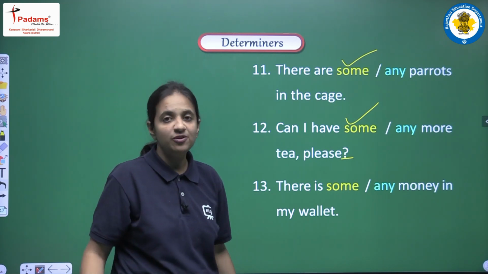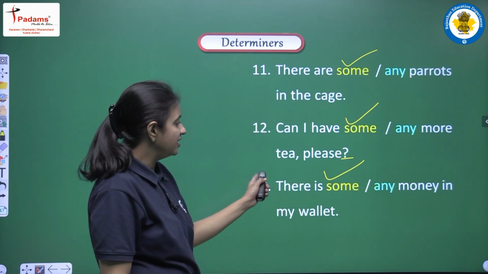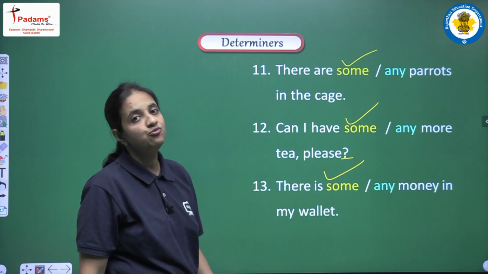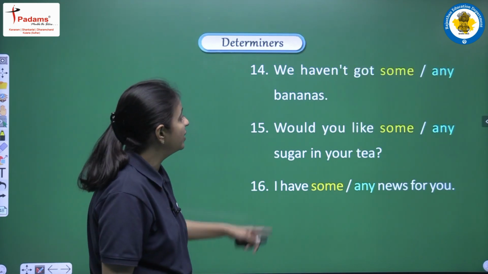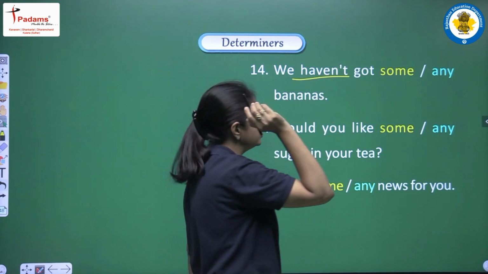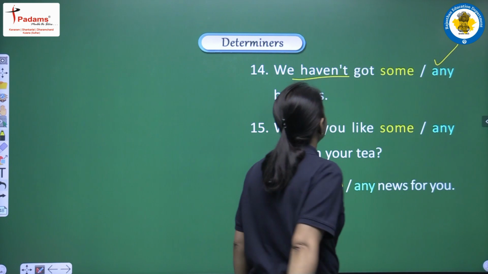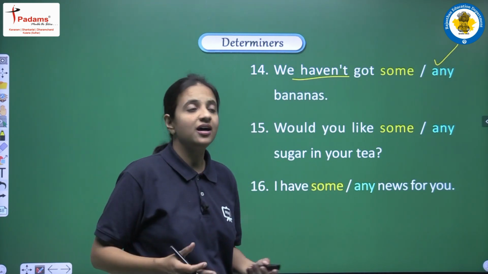It's a simple positive structure, we will choose some, and the sentence will be there is some money in my wallet. Next one is we haven't got bananas. Haven't is have plus not, a negative structure, so we will choose any, and the sentence will be we haven't got any bananas.